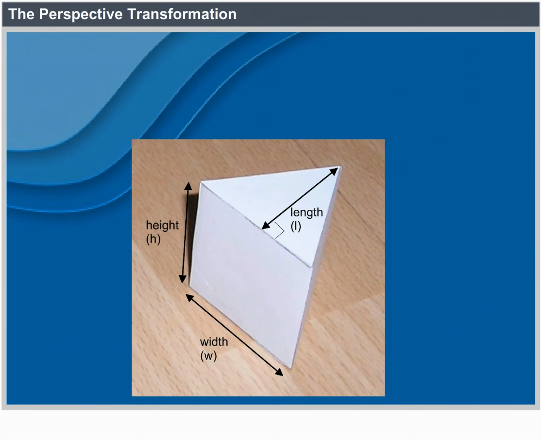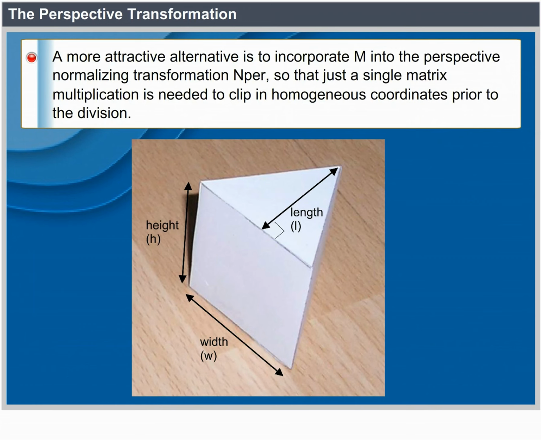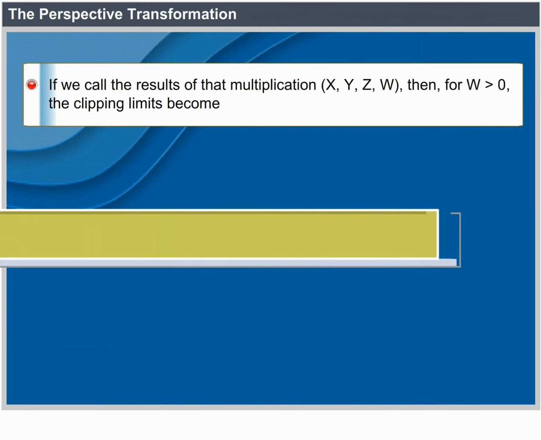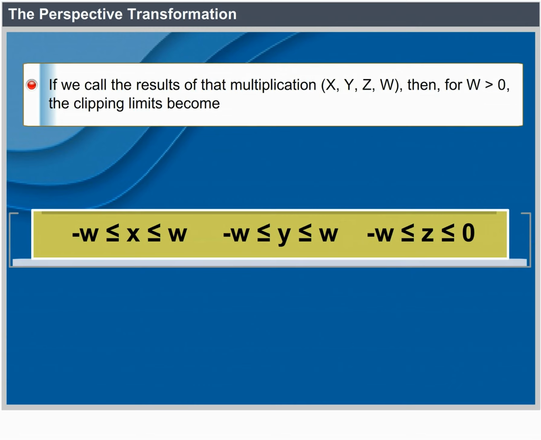A more attractive alternative is to incorporate M into the perspective normalizing transformation, N_per, so that just a single matrix multiplication is needed, and then to clip in homogeneous coordinates prior to the division. If we call the results of that multiplication (x, y, z, w), then for w greater than 0, the clipping limits become x lying between -w and w, y lying between -w and w, z lying between -w and 0.